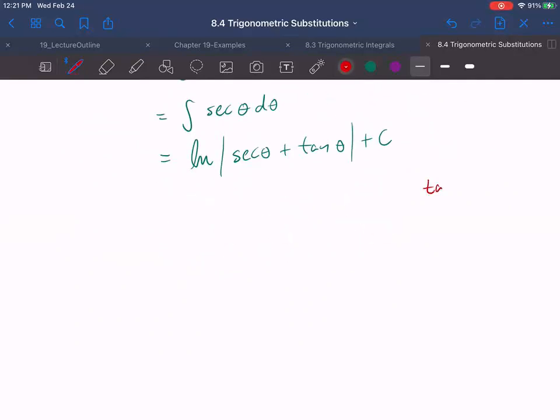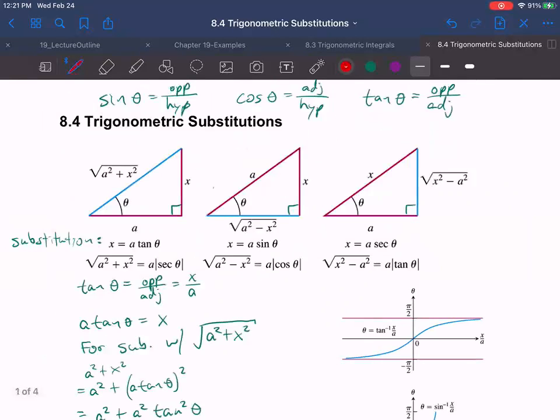We can say tan of theta is x over 2, right? That's our triangle we were using, where this was 2, this was x, and this was square root of 4 plus x squared. Okay, that's just this triangle right there.